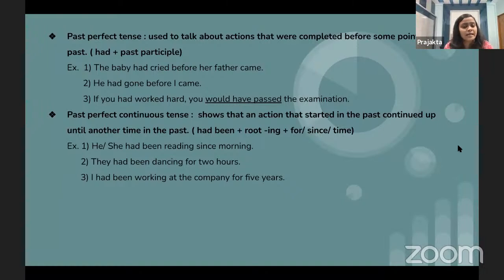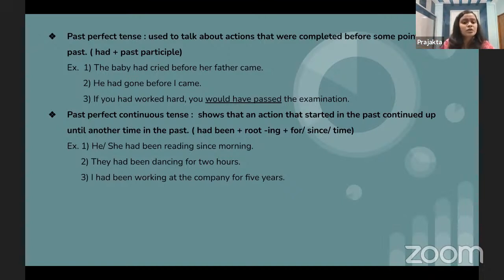See the next tense, past perfect continuous tense, shows that an action that started in the past continued up until another time in the past. Okay, so past perfect continuous tense means के past में कोई action की शुरुआत हुई, event की शुरुआत हुई, and उसका जो कुछ portion है वो complete हो चुका था, and still some process and some actions still continuing in the past.